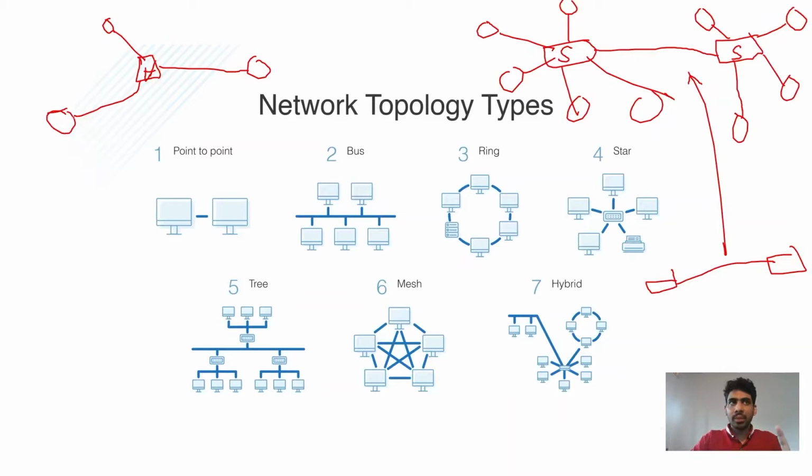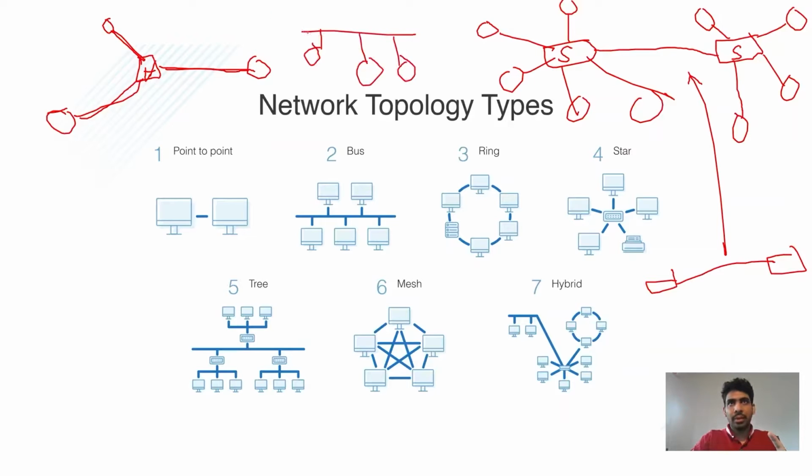So if this computer sends a signal to this cable, it will be available on both these cables. If this computer sends something, both of these computers will get it. So it's like a single medium, like the whole thing is a single medium. If I simplify this, it's like 3 computers connected to the same medium like this.